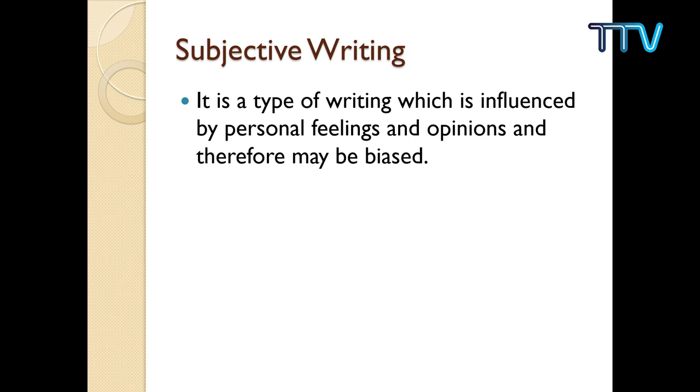If bias is a new word for you, then you can think about partial. Partiality: you say your class monitor is being very partial, he doesn't tell his friends but tells us, you sometimes complain, isn't it? Being partial and impartial, so biased and unbiased. Biased means being partial, favoring someone.